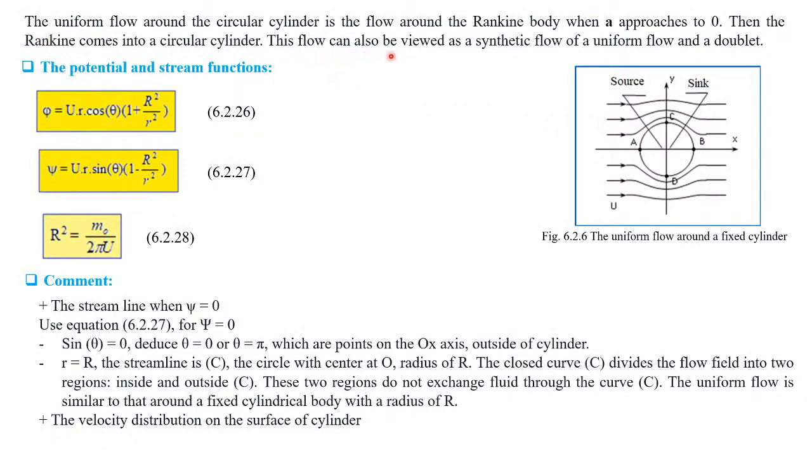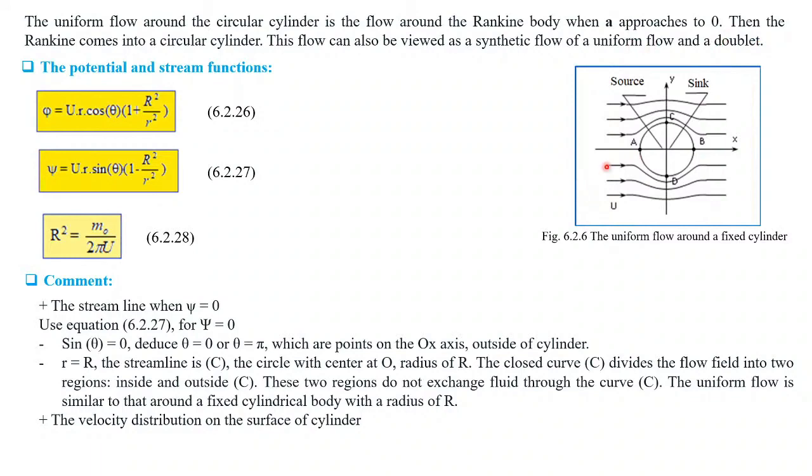This flow can also be viewed as a synthetic flow of the uniform flow and a doublet. When the source and sink move to O at the same time, this becomes a doublet, and we have a uniform flow and a doublet.